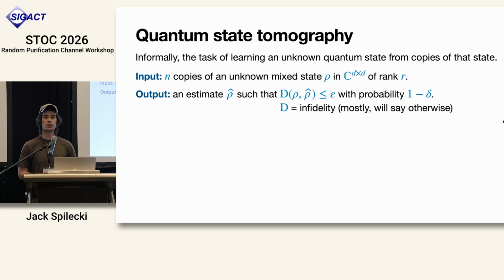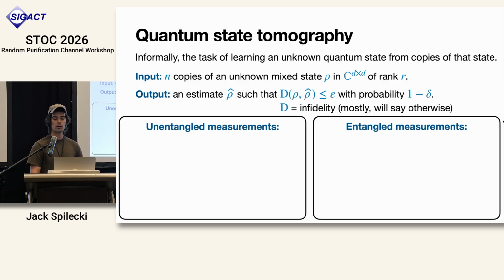Okay, so the way you do state tomography, very generally speaking, is you have to decide on some sort of measurement to perform on your states. And in this talk, I'm going to distinguish two main classes of measurements. These are unentangled and entangled measurements, respectively.